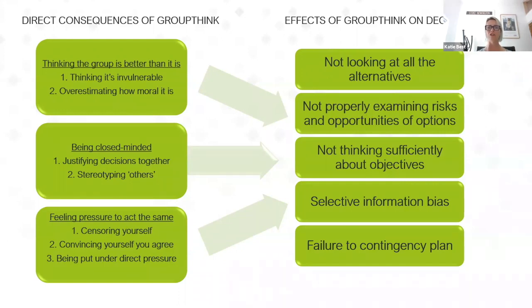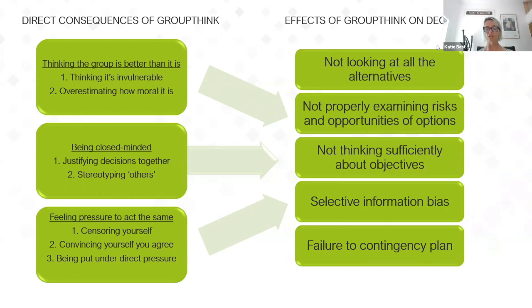And then ultimately, groupthink has significant effects on our decision making. It stops teams who have lots of groupthink looking at all the alternatives, not properly examining risks and opportunities, and not thinking sufficiently about objectives. Also, in terms of information, we become much more biased in the information that we engage with.